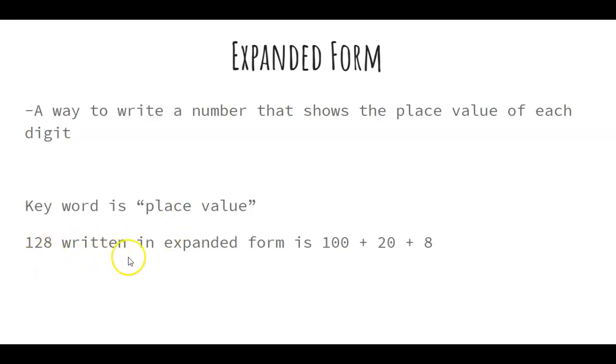So 128 in expanded form is 100 plus 20 plus 8. I broke that down. So this digit has its own place value of 100. This digit has its own place value of 20. This digit has its own place value of 8. And so in expanded form, we break them down into its individual place values.